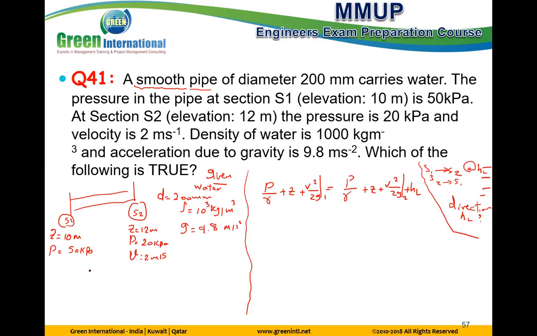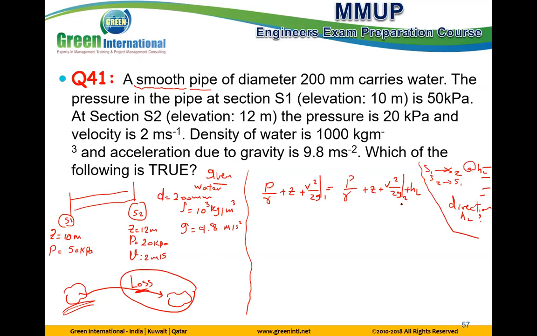The concept is if we have energy here and this energy goes to another point, is the expected energy there less or more? Less, due to what? Friction loss, due to losses. So all the time, the energy at state 2 equals state 1 minus losses.